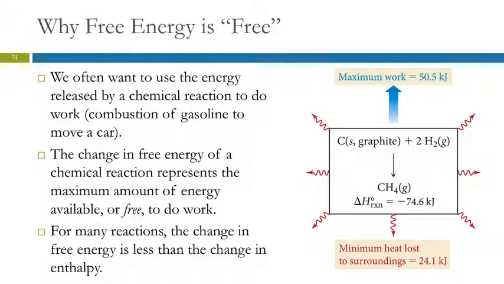It releases 74.6 kilojoules per mole of heat energy into the surroundings. But the minimum amount of heat that's lost to the surroundings is 24.1 kilojoules, and so the maximum amount of work that you can get out of this is 50.5 kilojoules.